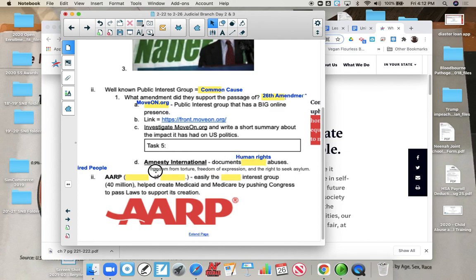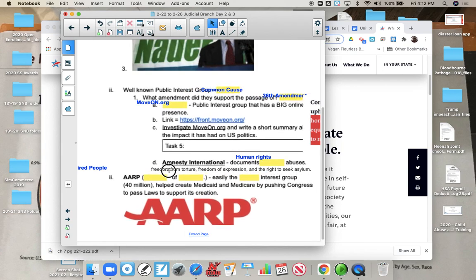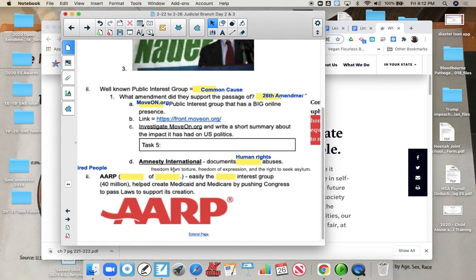They typically help support those facing torture, lack of freedom of expression, and that are really running for their lives. They help those in need in torn countries, maybe like Syria, Russia, North Korea.